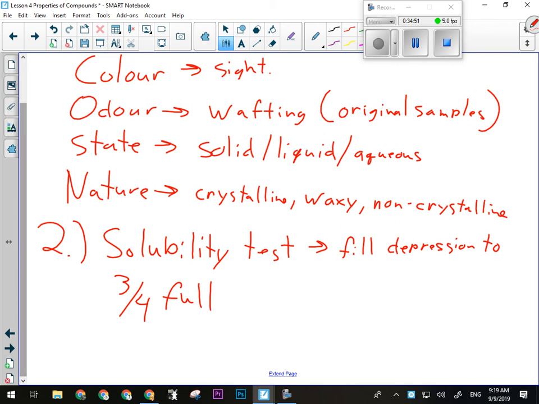So 3/4 full, with the thermometer in place. Put the thermometer in, then add the water. Some of these will have temperature changes, but because we're dealing with such small amounts of everything, you need to have the thermometer in there to get it right away.